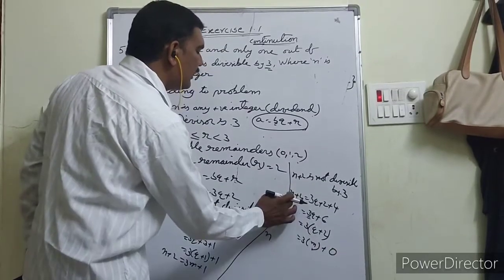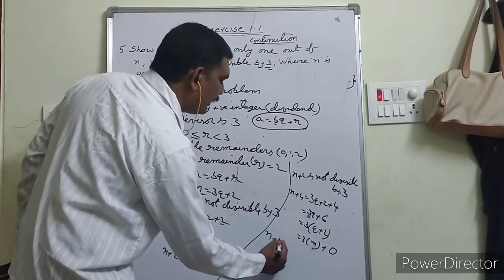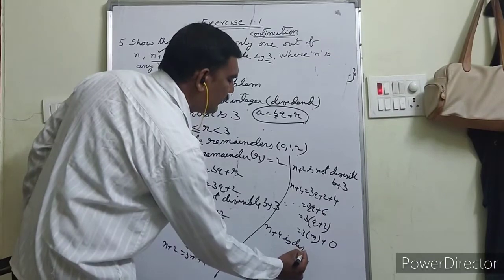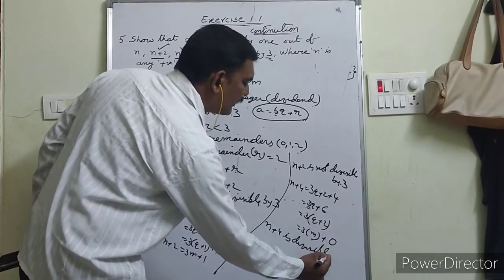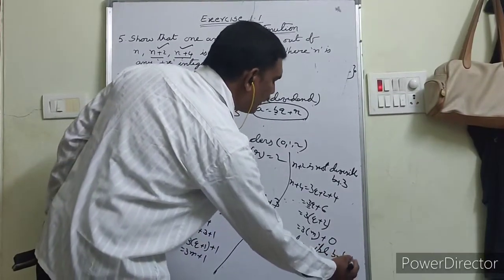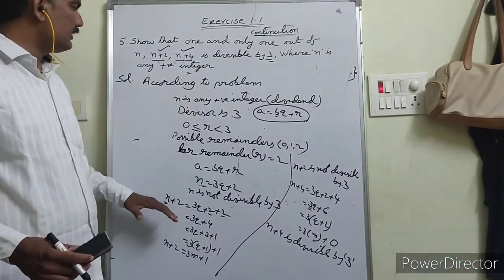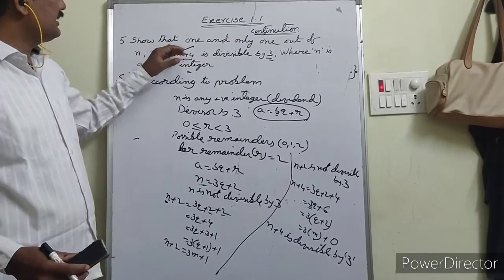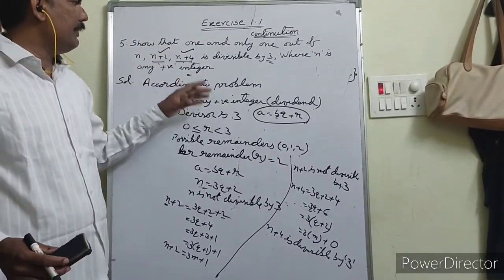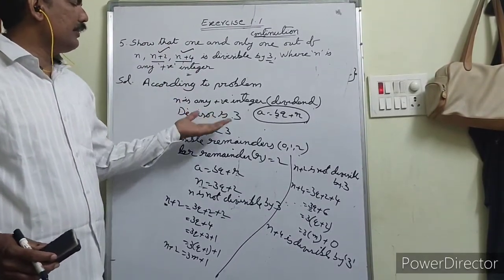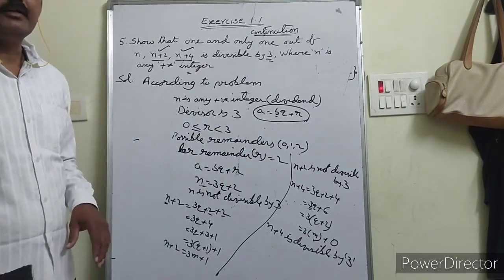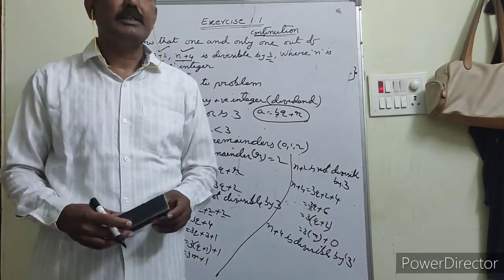Remainder is 0, which means this number is divisible by 3. So n plus 4 is divisible by 3. So like this, among n, n plus 2, n plus 4, only 1 will be divisible by 3. The remaining 2 won't be. So we proved it. Tomorrow we'll see the next session.